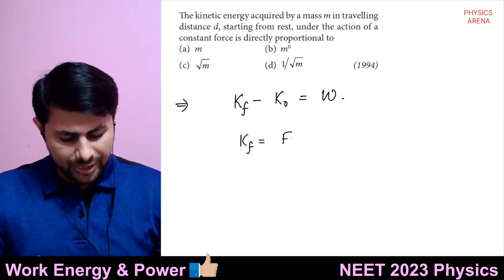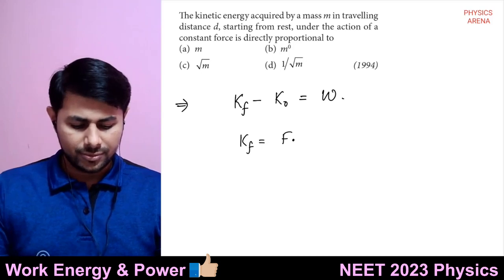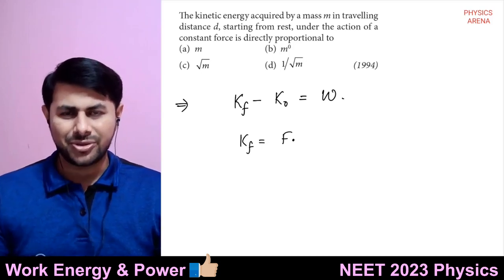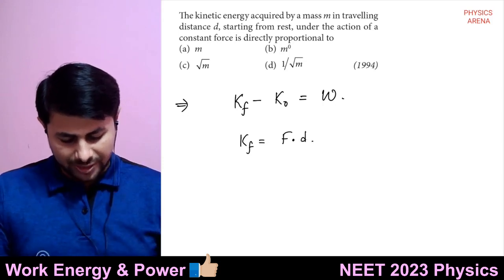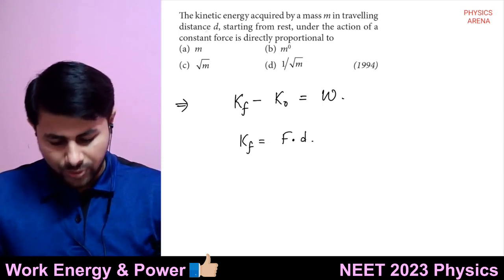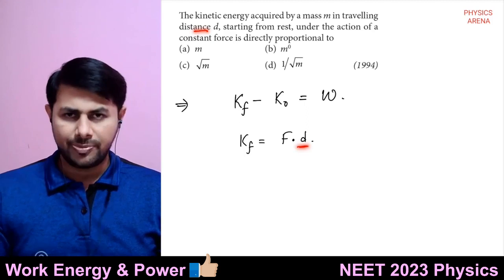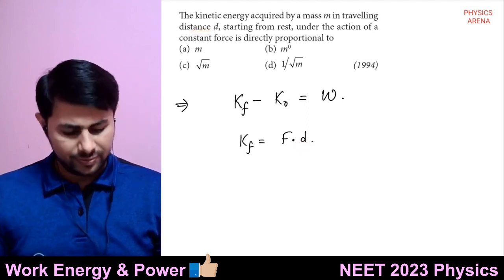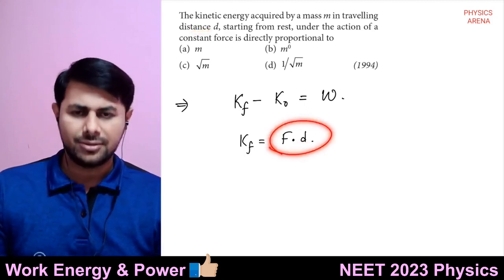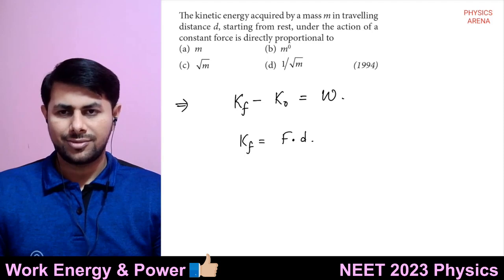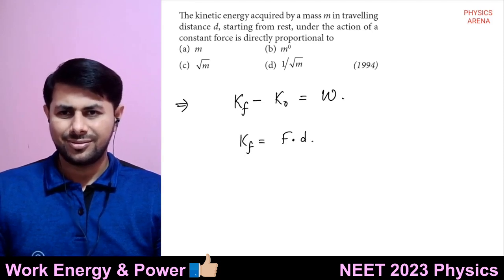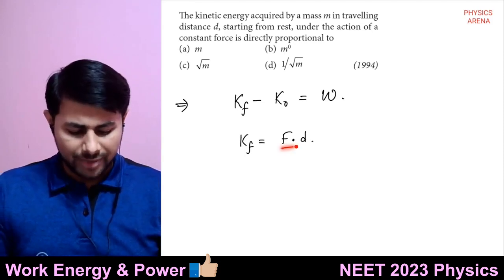So what will be the work done by the constant force? Force multiplied by displacement. Force is constant, and displacement is given, it's d. So does it depend on mass? Is it depending on mass? Tell me.